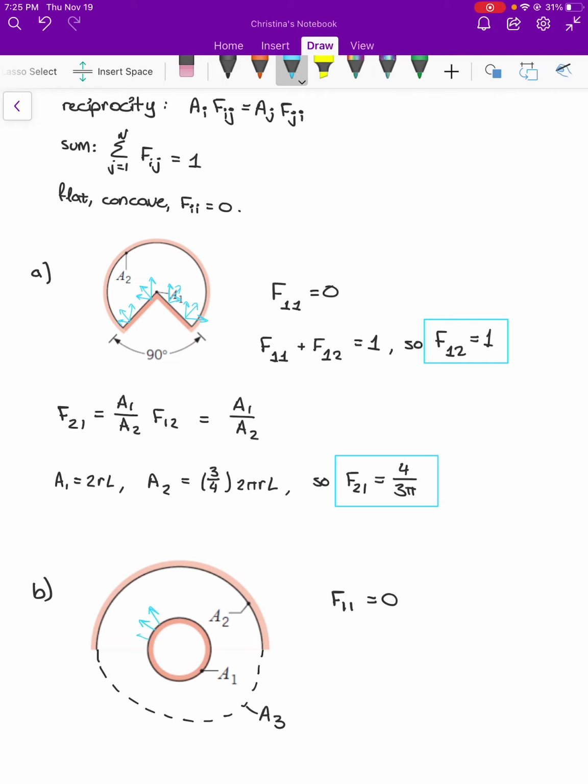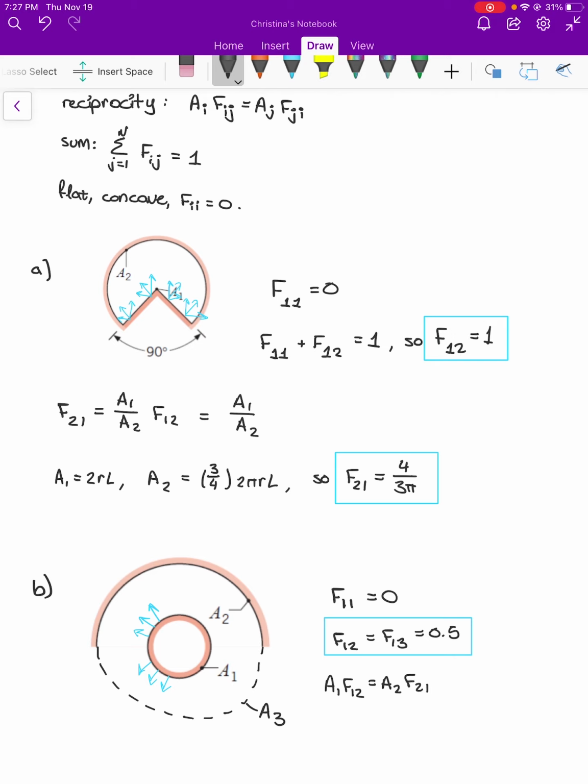This is because of symmetry, because all the radiation in the upper hemisphere is the same as all the radiation in the lower hemisphere. So now by reciprocity, we can find that A1 times F12 is equal to A2 times F21. And since we know that A2 is equal to 2 times A1, then we can just write that A1 F12 is equal to 2A1 F21. And we have finished part B.